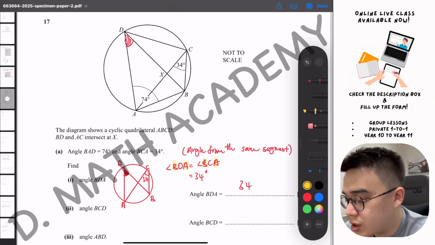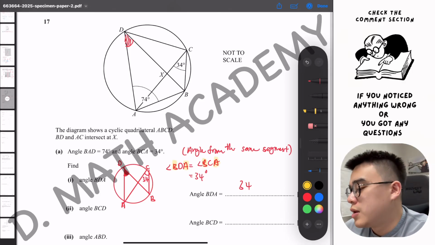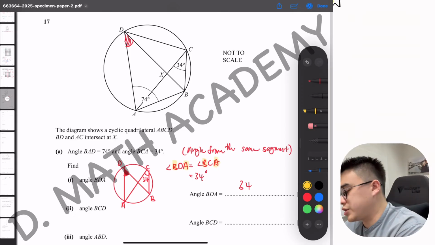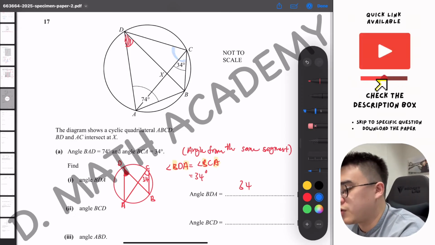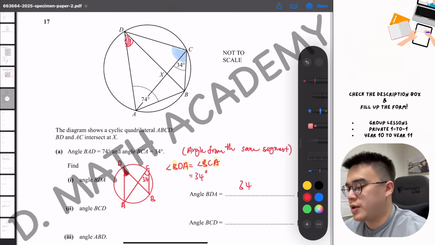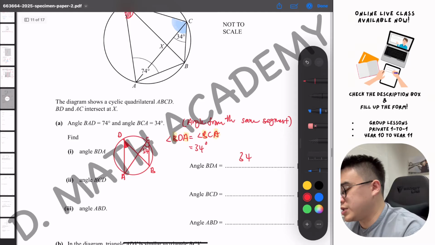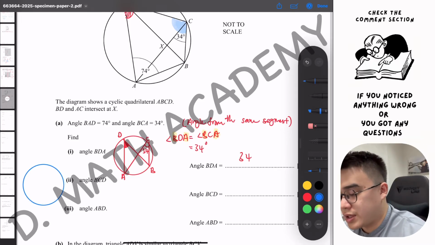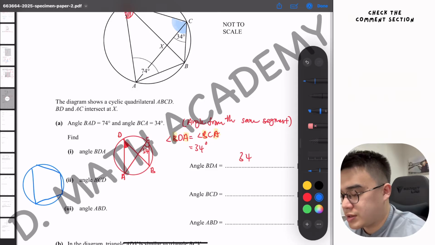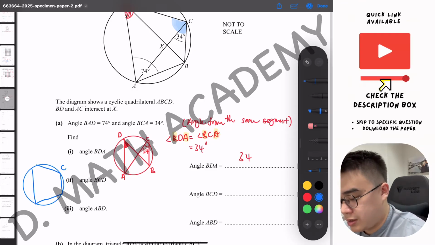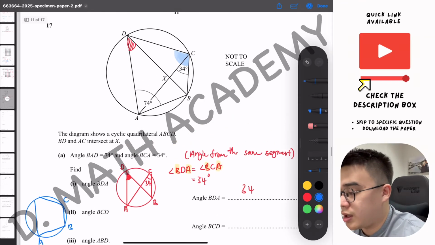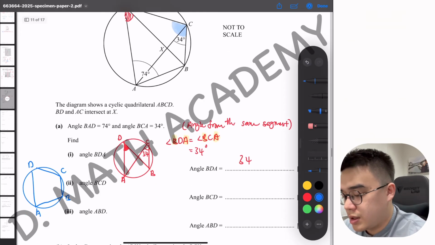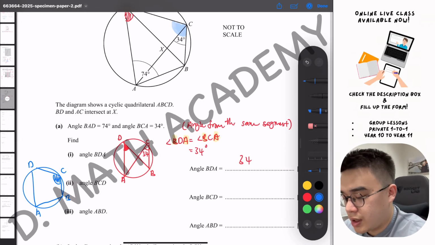Next thing that they asked was BCD, which is this entire thing over here. I'm going to draw it in blue so that it's easier for you to see. The difference now is that you have this C, B, A, D. Angle is here, angle is here.